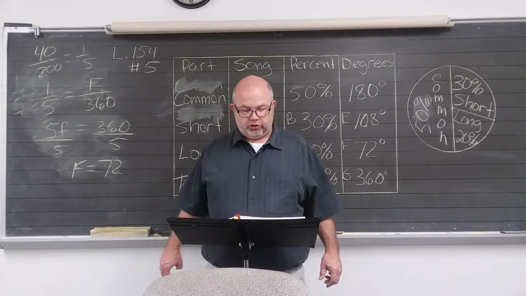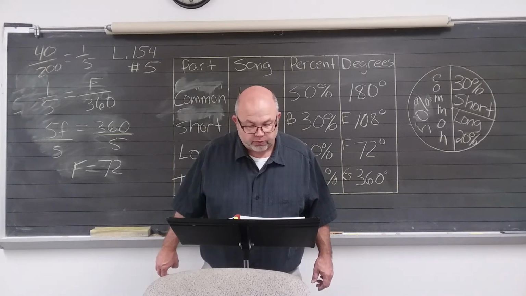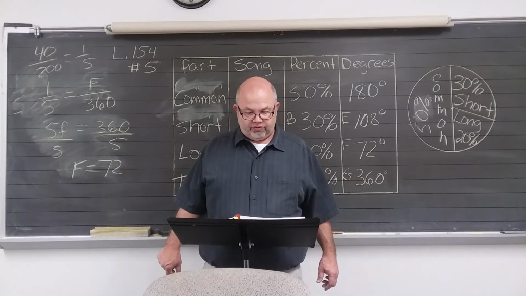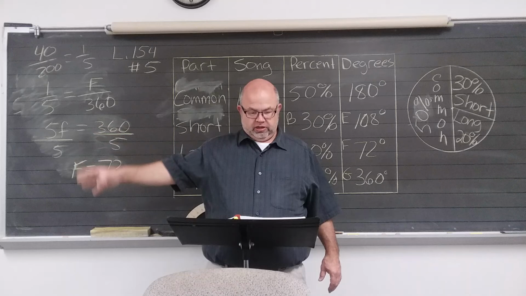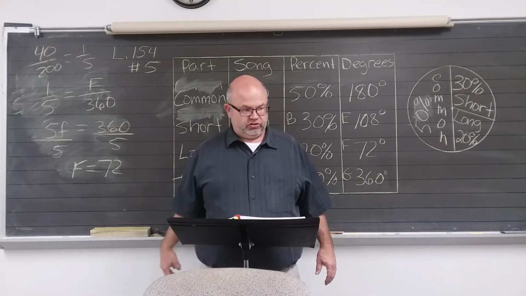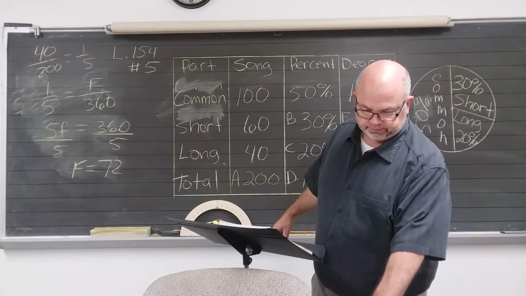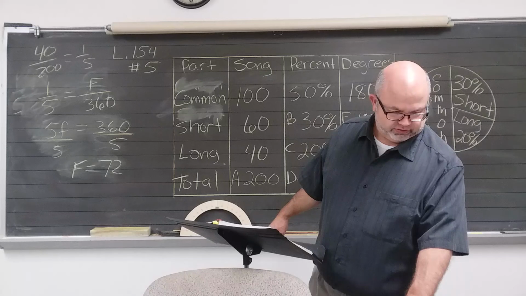Number 5, we will look more at these scale drawings on tomorrow's video, but find the length and the width of the garden in yards. It is drawn to the scale of 1/4 inch. All right, so you measure it. If it is 2 inches or whatever it is, where is it? 156.